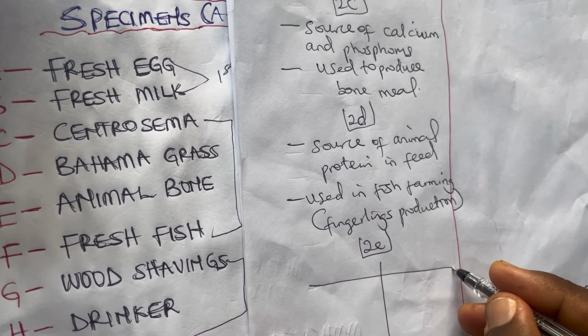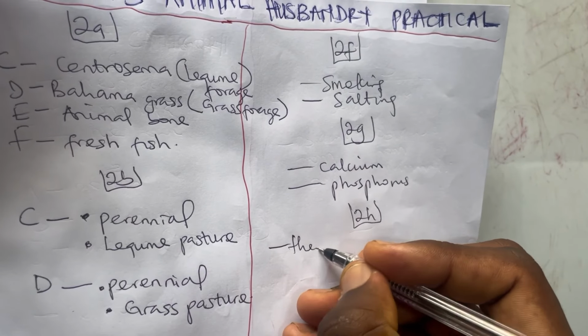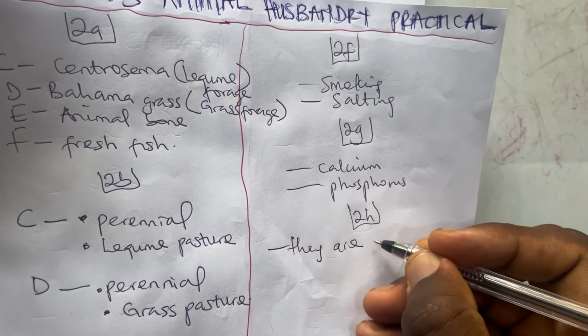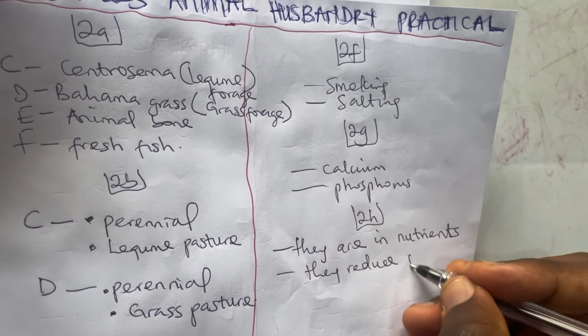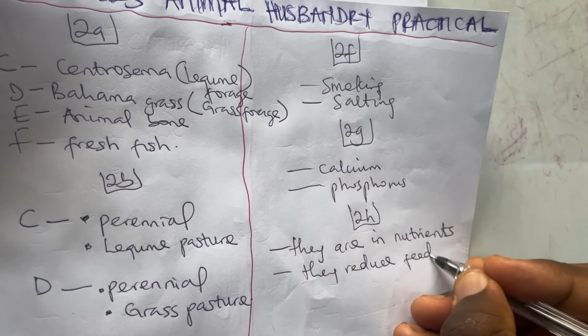So now the answer will be they are rich in nutrients, both of them. And also they reduce feeding costs.